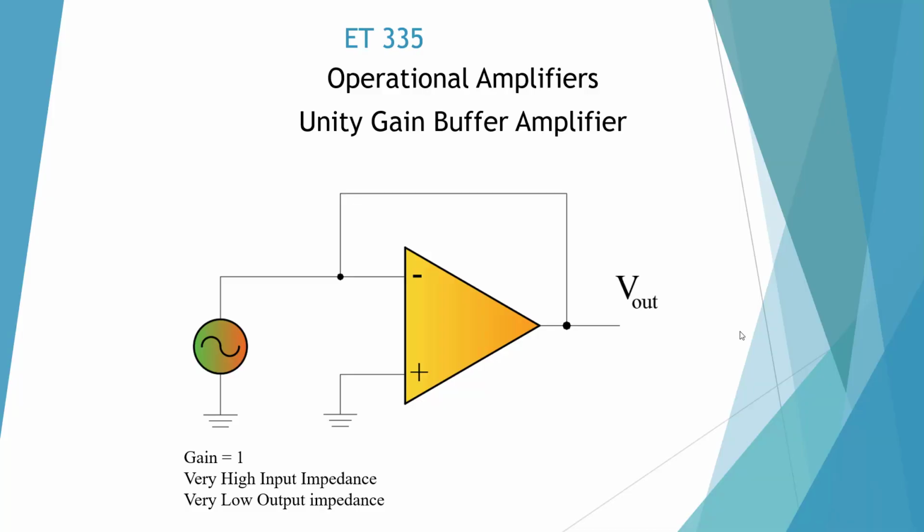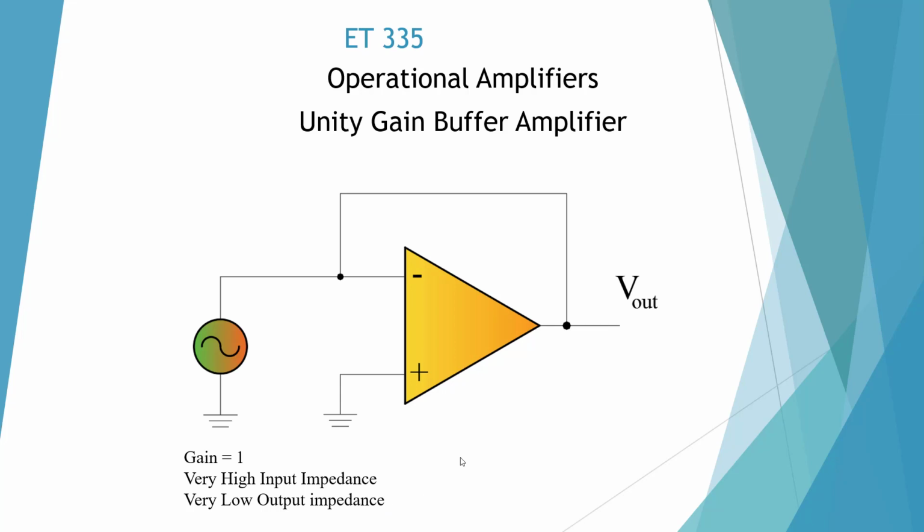Here's another configuration of the op-amps. This is a unity gain buffer amplifier where we put an input in and we're going to get the same input out. It is typically used for impedance matching. So our gain's going to be 1 and we're going to have a very high input impedance, which is good, and a very low output impedance.